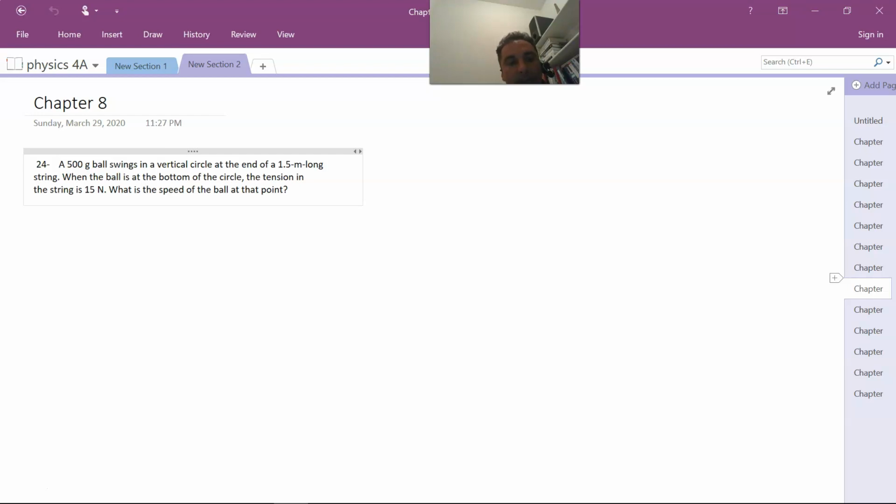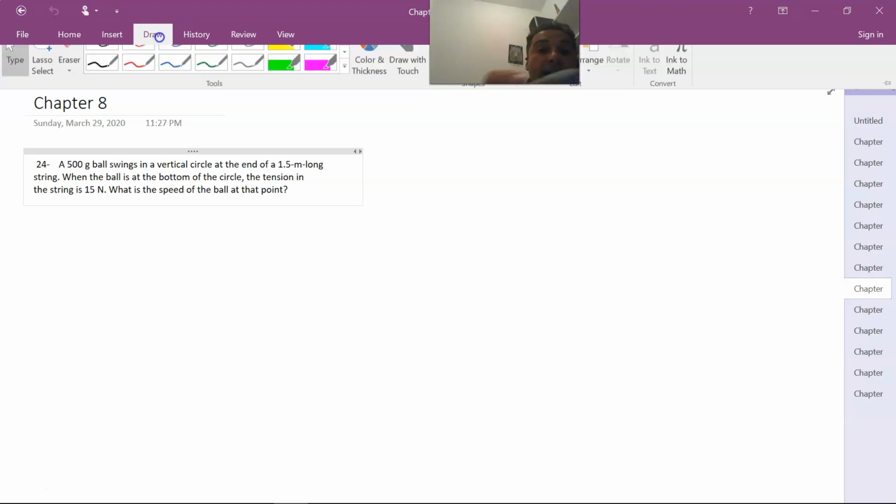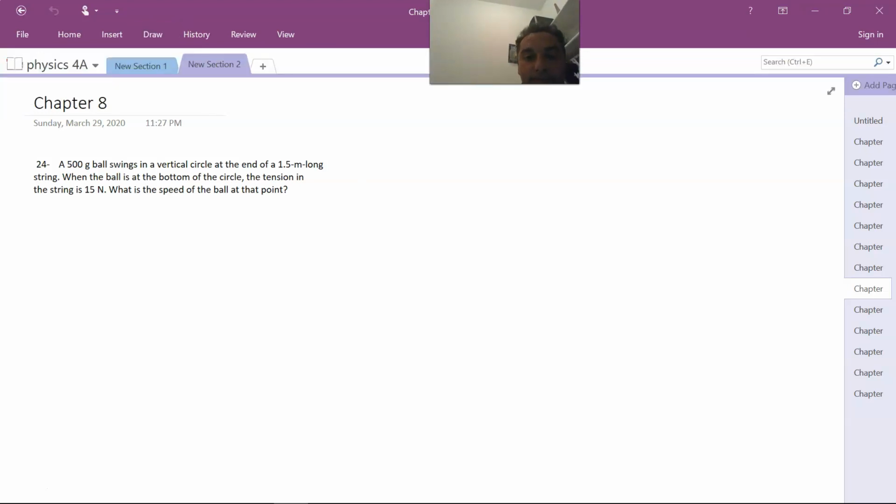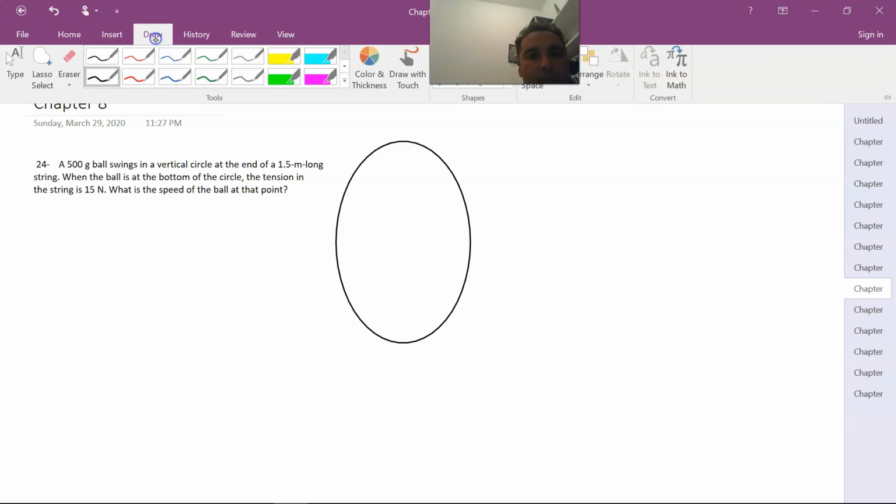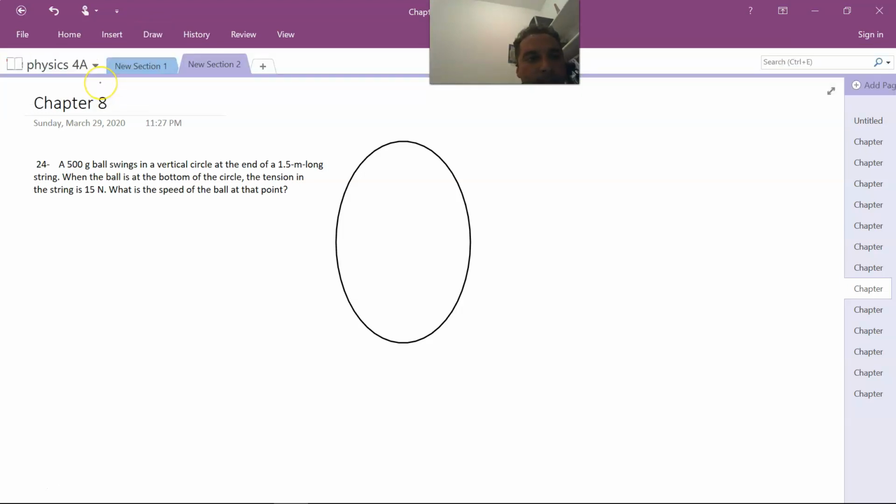Question number 24, it says a 500-gram ball swings in a vertical circle. Okay, so at this time you have a vertical circle, something like this. I am assuming it's a circle. Now, a 500-gram ball swings in a vertical circle at the end of a 1.5 meter long string.